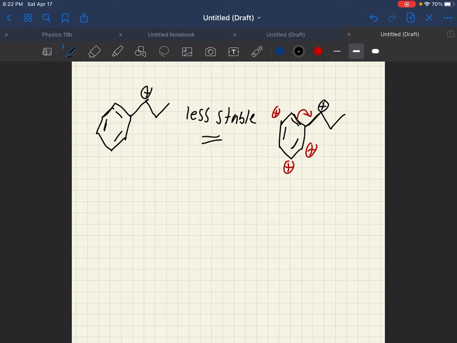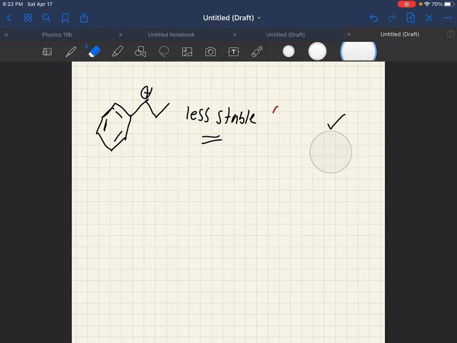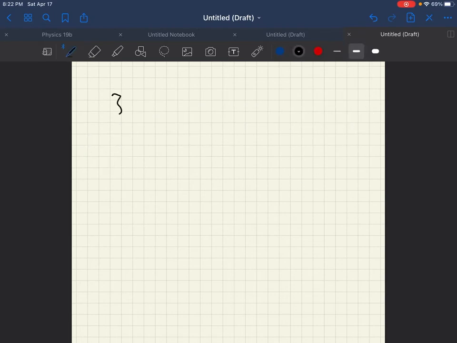So the next thing to understand when dealing with carbocation stability is ring expansion. So here's a few rules of thumb when it comes to ring expansions. 3 to 4 does not happen. 4 to 5 happens, that's good.